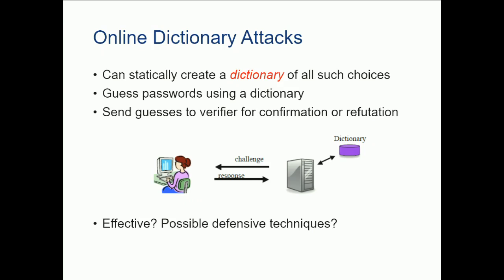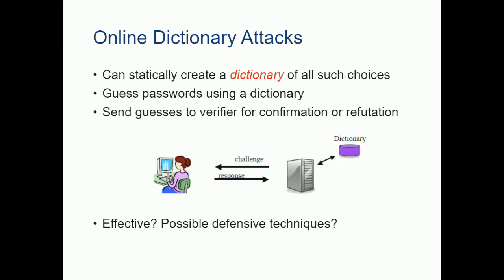In a dictionary attack, the attacker will create a dictionary consisting of all possible common, easy to remember passwords. Based on the dictionary, the goal of the attack is to try to figure out which password a target or victim user has chosen.